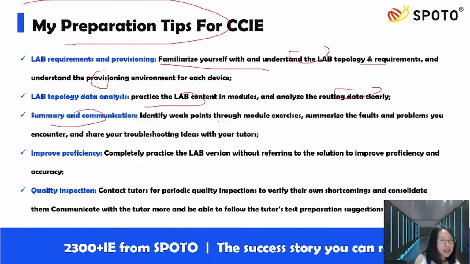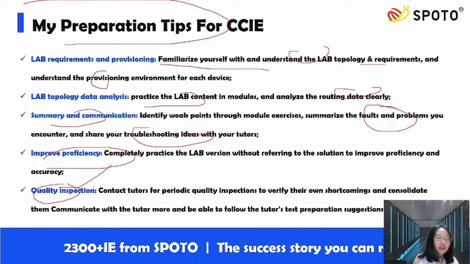Summarize the faults and the problems. Share your troubleshooting ideas with the tutor and improve proficiency. Quality inspection is also important. These are my exchange experiences with CCIE students. I hope it will help you achieve the CCIE EI exam.